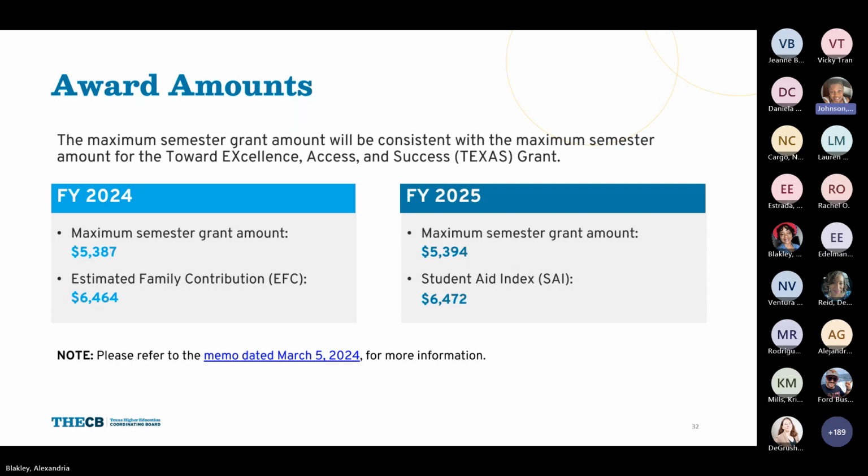These are just federal maximums for your information. Now, for additional information, we encourage you to refer to the memo dated March 5th of 2024. It's hyperlinked here, as well as available on our Student Financial Aid Programs webpage under the Stay Connected hyperlink.